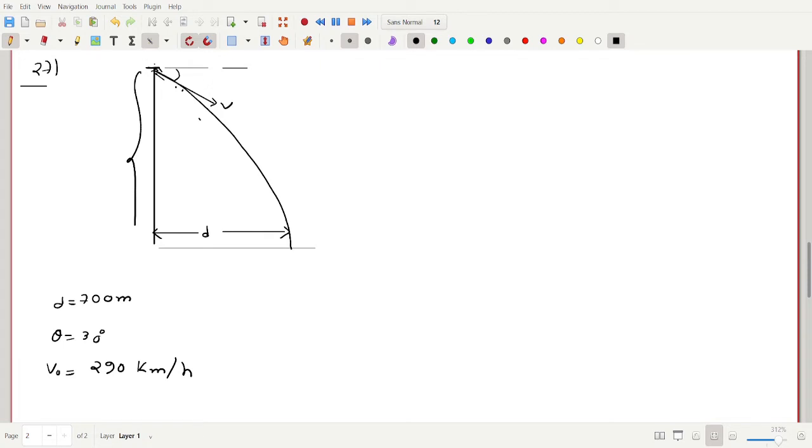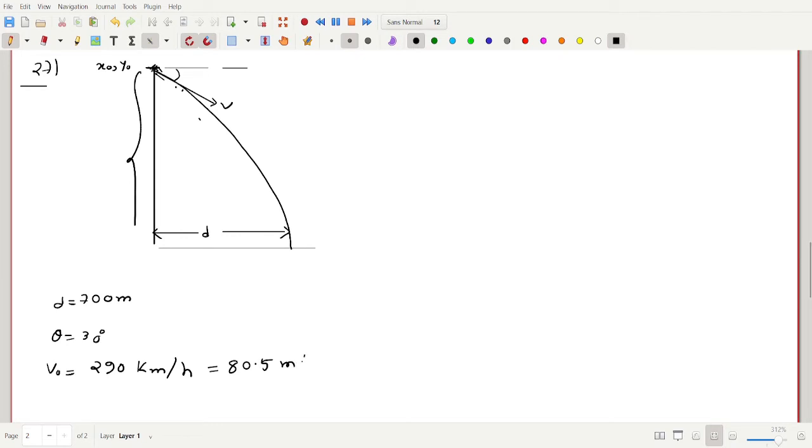So this is the origin. Let's say this is x naught, y naught, and what was our general equation of the projectile? The conversion result is 80.5 meter per second.